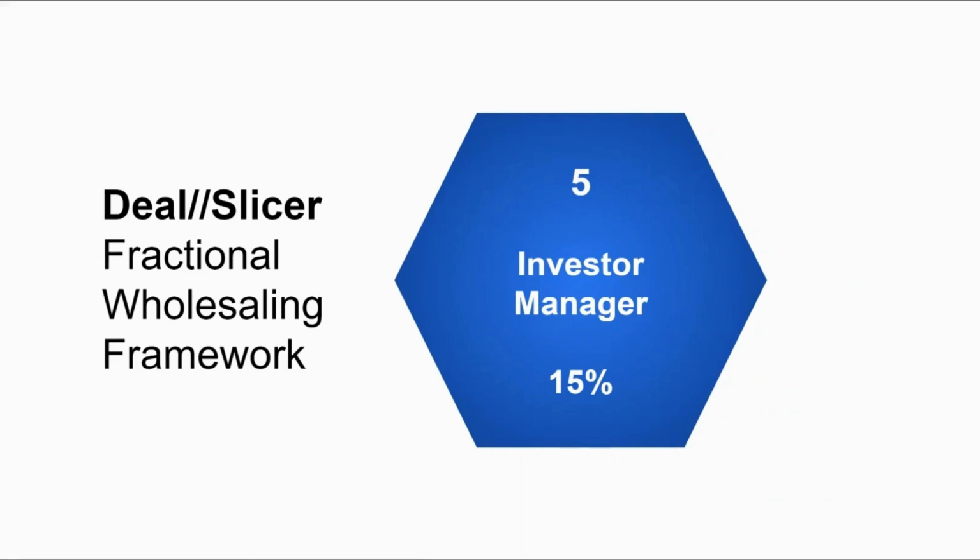Investor manager is assigned a 15% share in the wholesale fee. It's been determined by me that, roughly speaking, they should be getting about 15% of the whole wholesale fee. That seems fair. And again, this is the 5th in the series of 7 roles. That's why there's a 5 designation. And the indicative color is blue for investor manager.